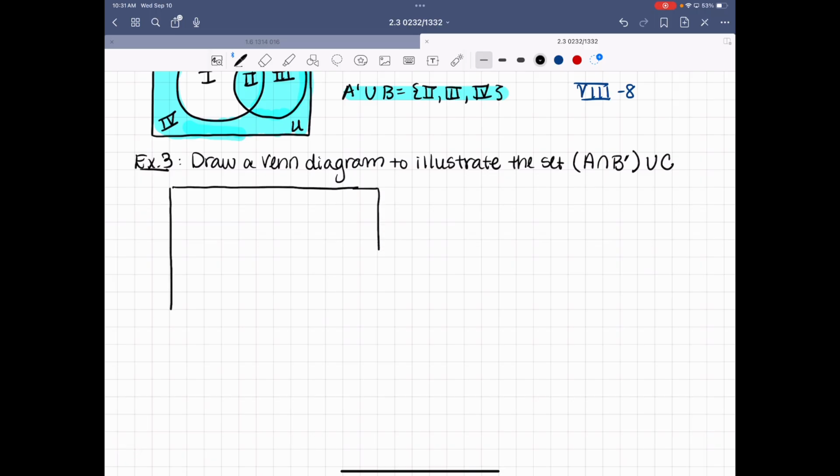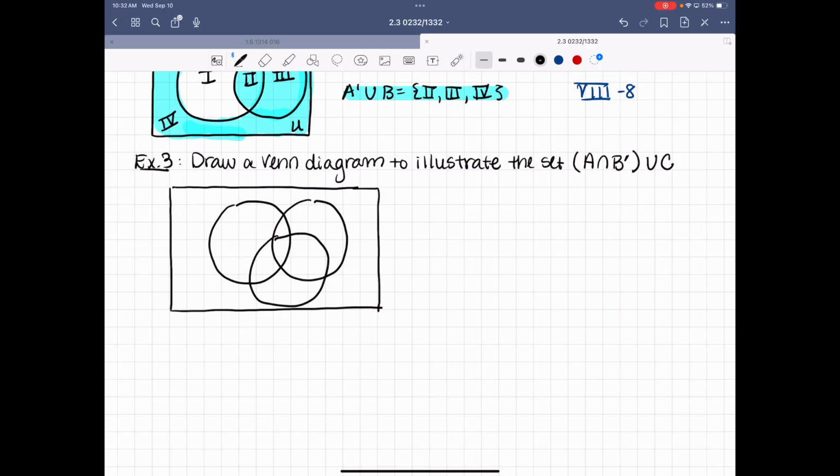Notice I'm drawing a little bit bigger rectangle this time. And I know I draw an A, I draw a B, and I'm going to have to draw a C, and C goes down here at the bottom. So I have A, B, and C, because C is going to overlap A and B. That's my universal.